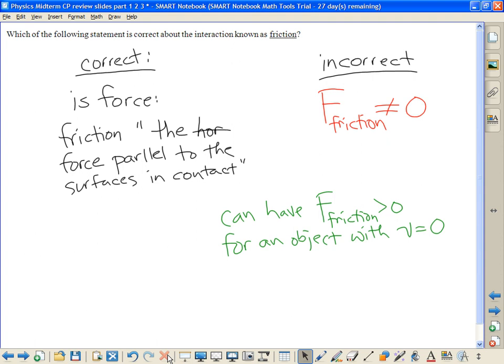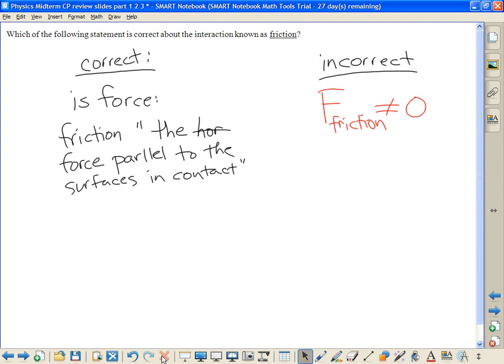Just do something where you can identify a force of friction that's greater than 0, even though the object isn't moving. Can we use that waste paper basket standing in the middle of the floor? No, that doesn't qualify.